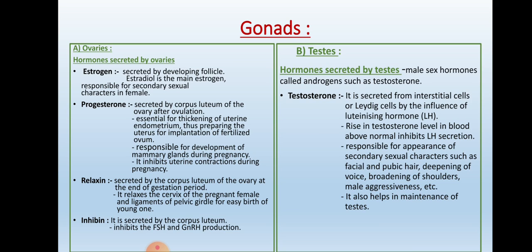It is responsible for secondary sexual characters such as facial and pubic hair, deepening of voice, broadening of shoulders, male aggressiveness, and it also helps in maintenance of testes. So this way the gonads or sex organs are also endocrine in function, responsible for secondary sexual characters and the reproductive cycles.